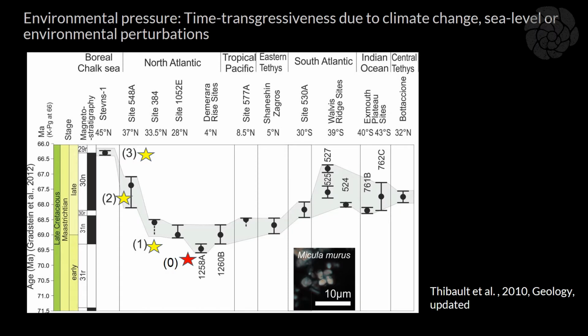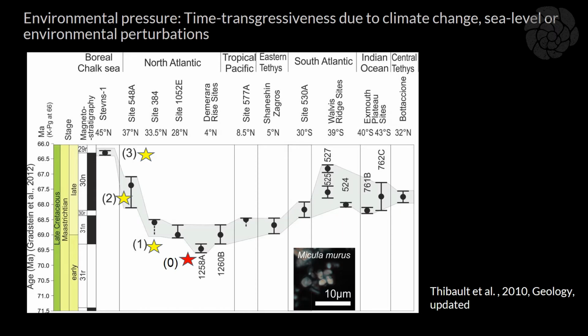And then there's another event within C30N, which is in the mid-latitudes of the South Atlantic, mid-latitudes of the North Atlantic, in the Indian Ocean, in the central Tethys. And then finally, much later on, we have this colonization of the Northwest European Chalk Sea over there.